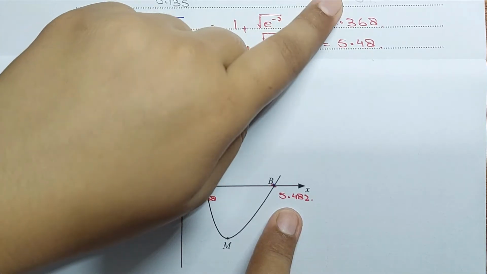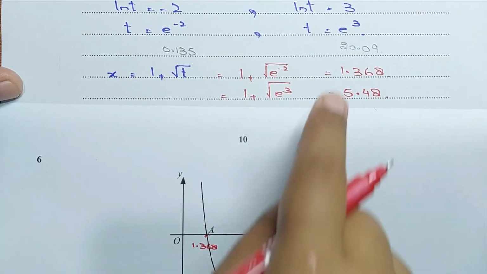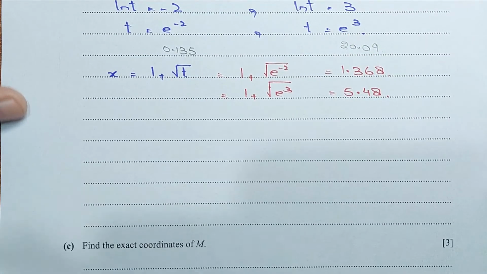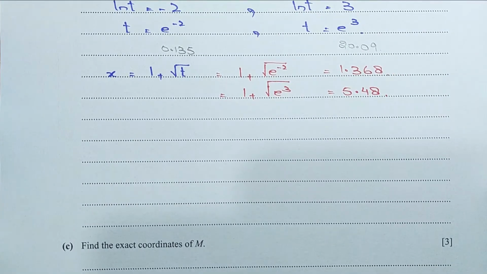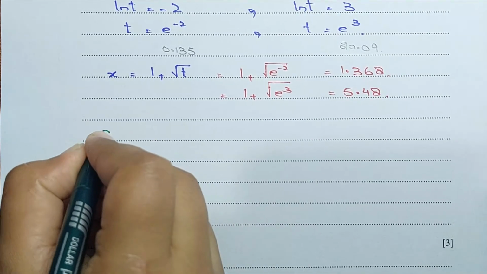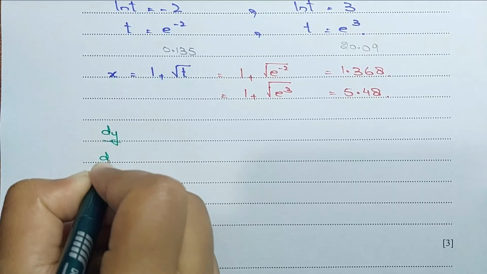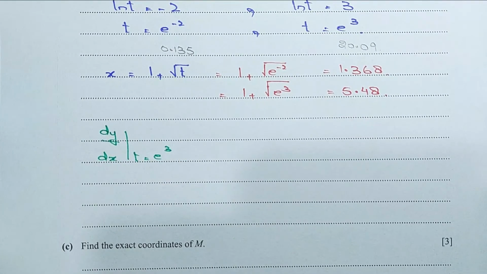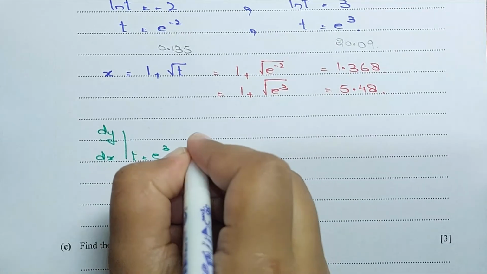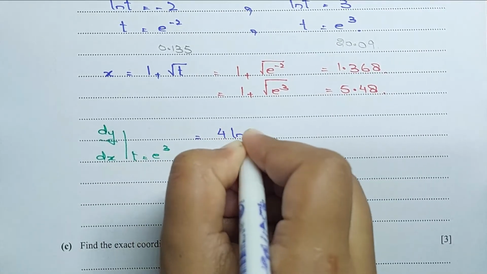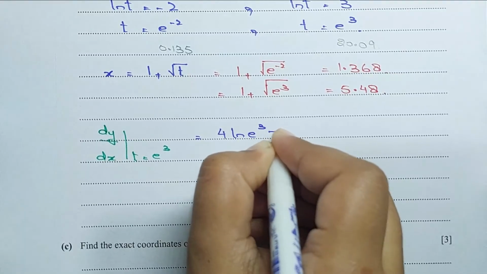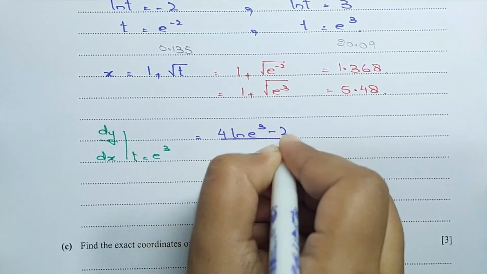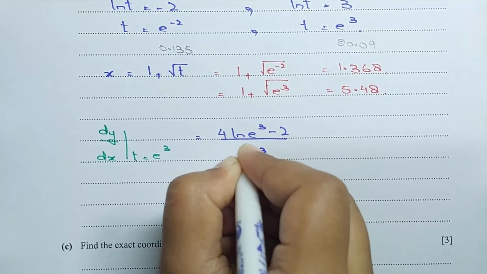We have to substitute t equals to e cube, because from this value we got B. So we have to find the exact value of the gradient dy over dx at t equals to e cube. dy by dx is 4 ln e cube minus 2 over root e cube.